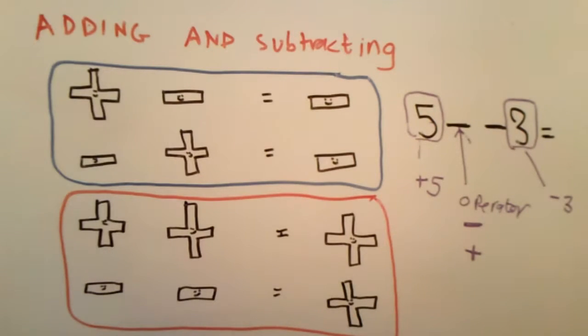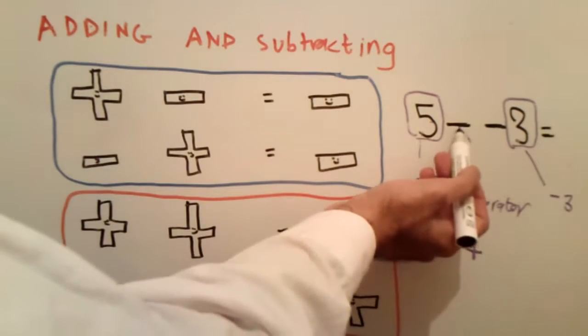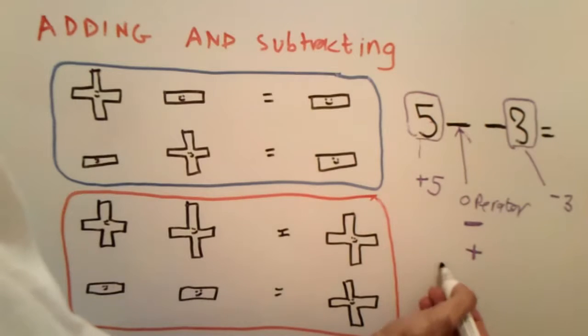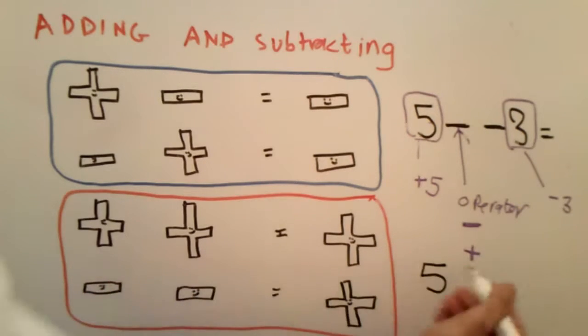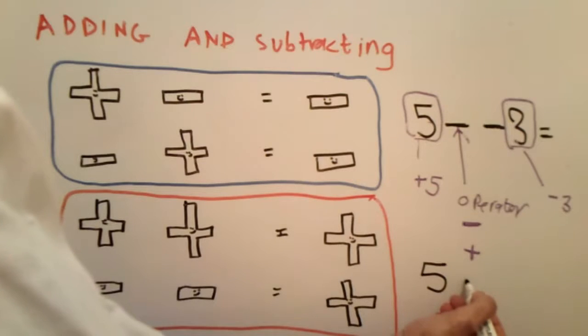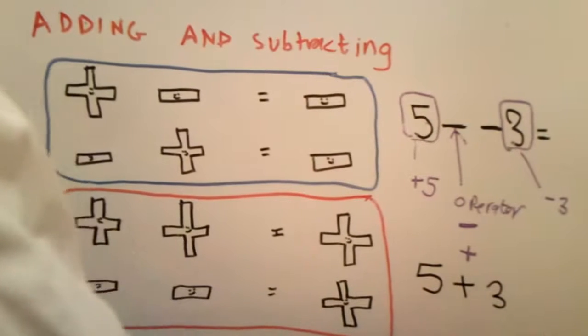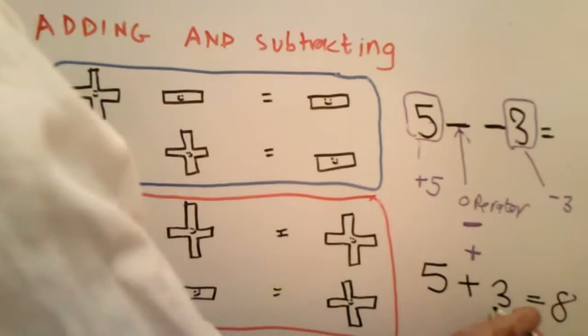So we can rewrite this. 5 take away, or minus, negative 3 becomes 5, because as this diagram shows, a negative and a negative, when they touch, becomes a plus. So we write 5 plus 3, which is 5, 6, 7, 8, which is 8.